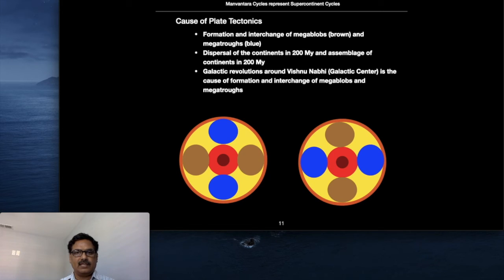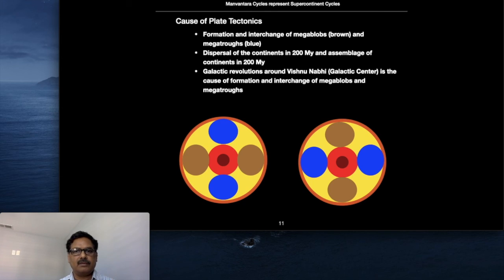So in my theory, what I propose is that the solar system is revolving around the galactic center, which is what is described as Vishnu Nabhi in ancient Indian texts. In one revolution, the megablobs push the continents to the other side towards the troughs. In another revolution, the megablobs interchange and push the continents back to form a supercontinent.